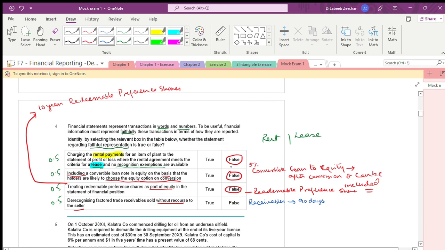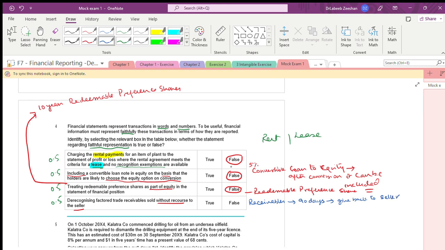Now what happens if it is not recovered within 90 days? Again, what will they do? They will give back to whom? Without recourse means they give back to the seller.